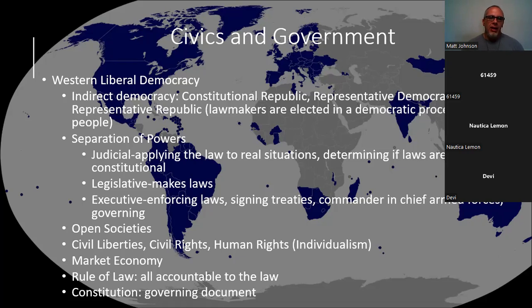And then along with separation of powers, Western liberal democracies tend to be open societies. We tend to have transparency in our governments with journalists, and that also means that we tend to have fairly liberal immigration policies.